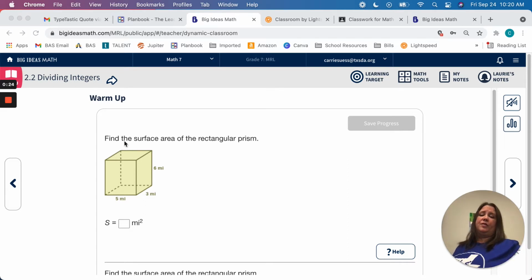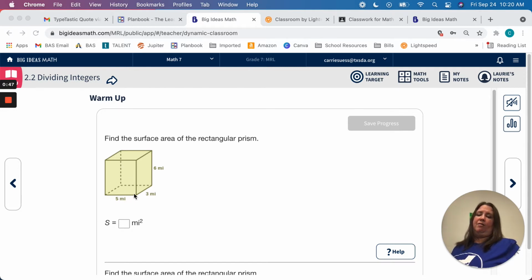To find the surface area of a rectangular prism, you have to find the area of all of the outsides of this cube. To find the area of a rectangle, because these are all not perfect squares, you're doing length times width. Length times height, however you want to say it. So if I think about this cube, I have a front and a back that are the same size, right?